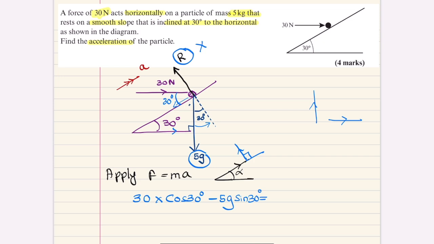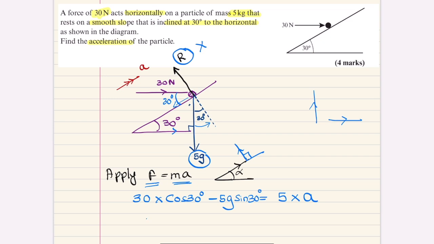Okay, now we managed to resolve all the forces. Now we'll apply the ma side. So the mass of the object is just 5 kg. Acceleration along the plane upward, we assume it to be a. Now it looks like we have to apply the value of cos 30 and sine 30 here.